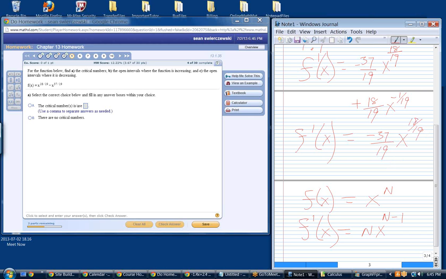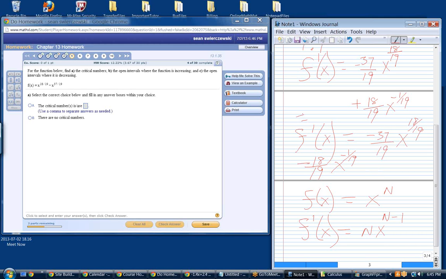Since I'm going to set that equal to 0, I'm going to move this other term to the other side. So it will be minus 18/19ths x to the minus 1/19th.